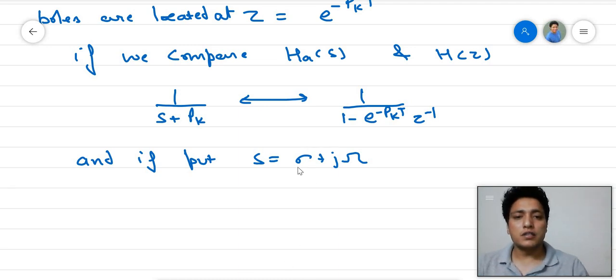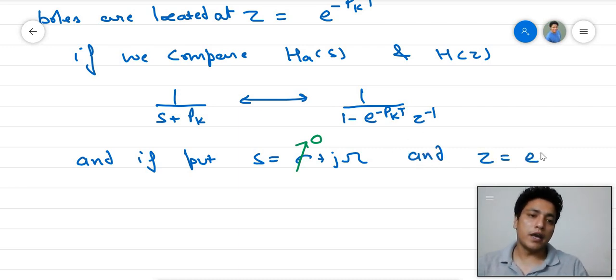That means sigma will go to 0 and z is equal to exponential j omega.